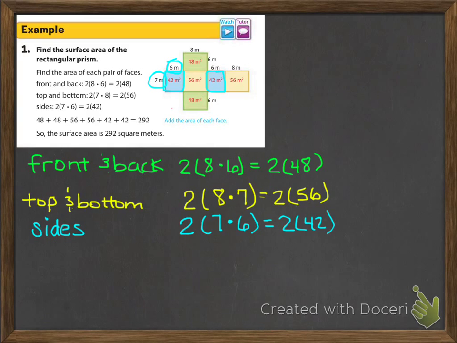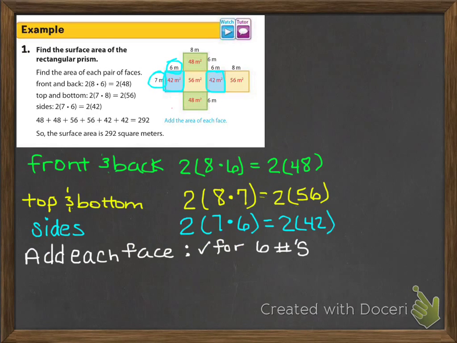So now what you want to do is double check that you have 2's in front of all your numbers like this, 2, 2, 2. And then you want to go ahead and add each one of those faces up. But wherever you see 2, you want to write them individually. So I'm going to use the same colors. What I mean by that is you're going to add the area of each face, and you want to check to make sure that you have 6 numbers.